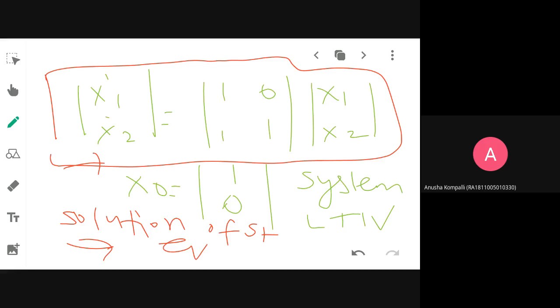Yes, ma'am. What is the state matrix? How will you identify the state matrix? How will you identify A? Without A, you cannot determine the state transition matrix. So how will you identify A? What is the state equation representation in general? I told you hundreds of times that those 2 equations are very important.